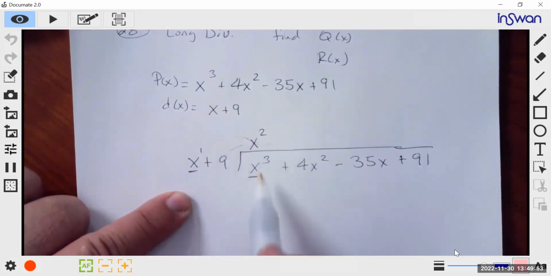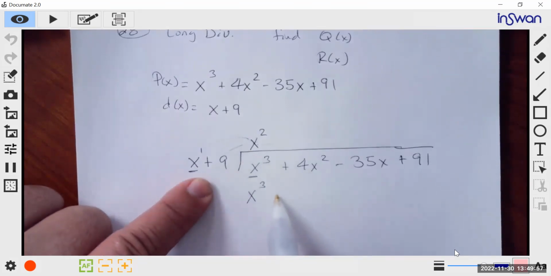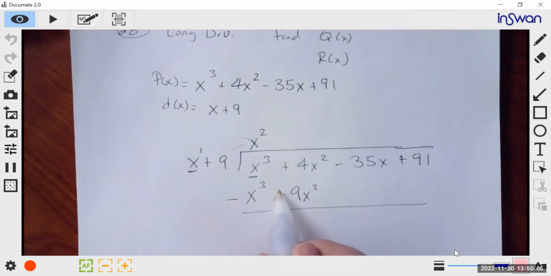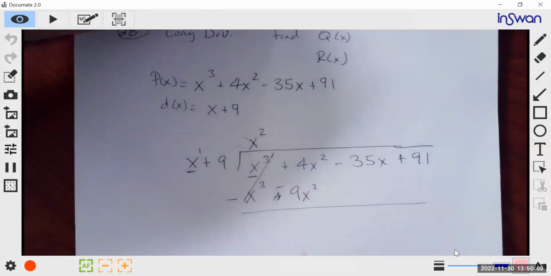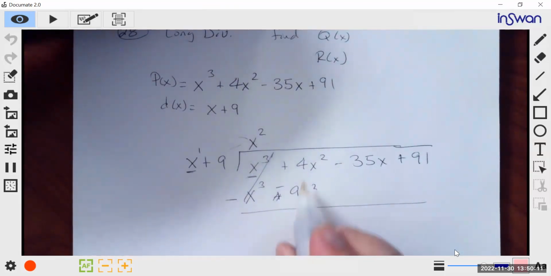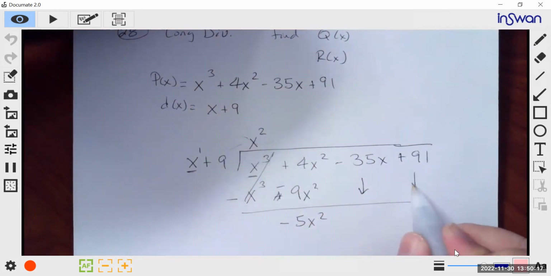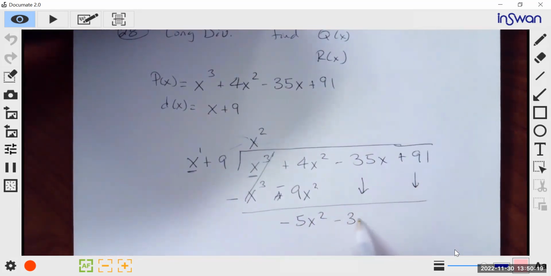So x squared times x is x cubed. X squared times 9 is 9x squared. Change their signs and add. 9 is bigger than 4, it's negative. 9 minus 4 is 5x squared. Bring everything else down.